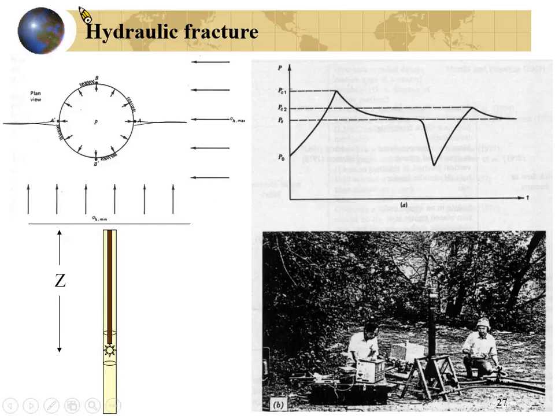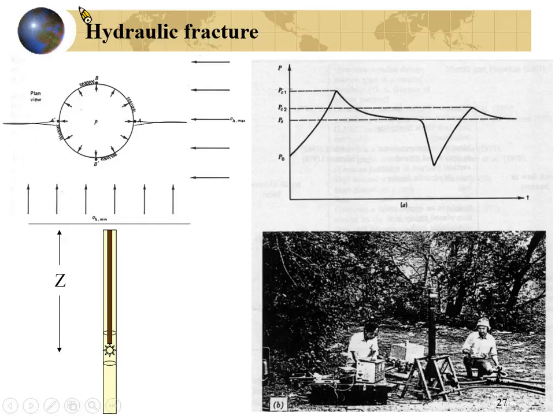I was trying to explain the mechanism related to the name. The first time, the rock will crack, so you will have newly formed fractures, and the water will flow out.